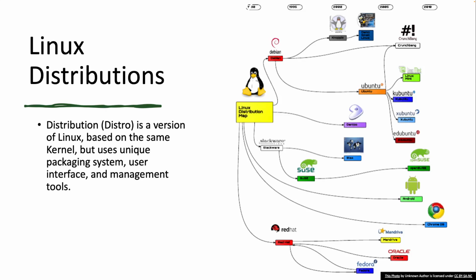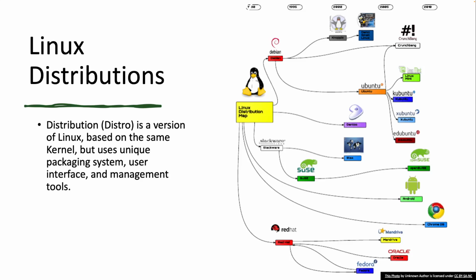For example, take a look at Debian. Debian Linux has its own distributions, such as Knoppix and the really famous and very popular Ubuntu. I love Ubuntu. I use Ubuntu, and it's a very user-friendly operating system.